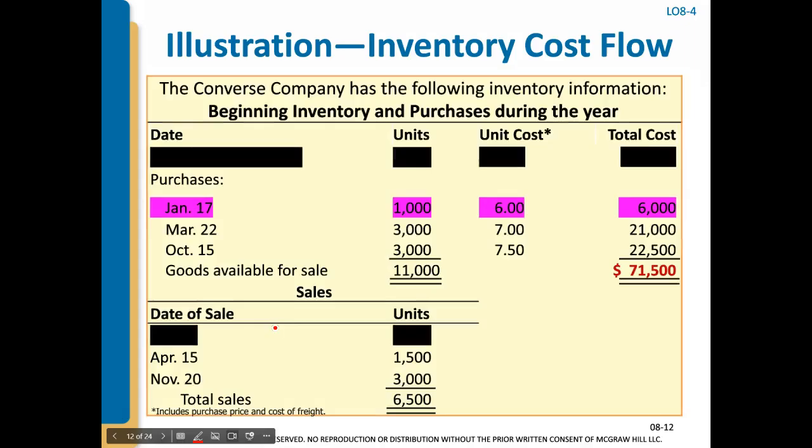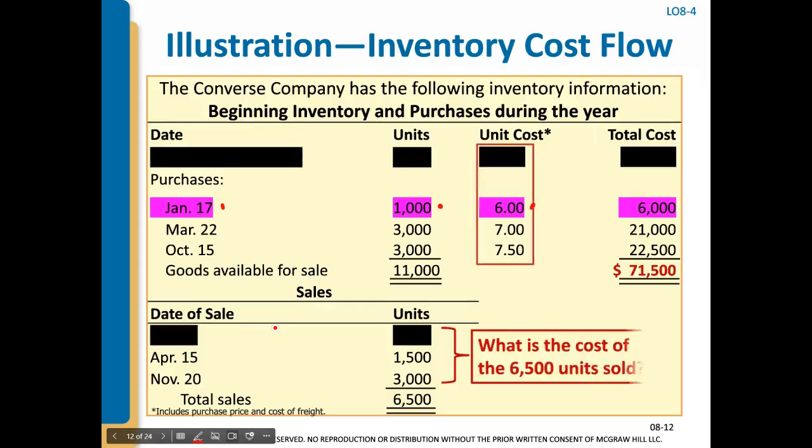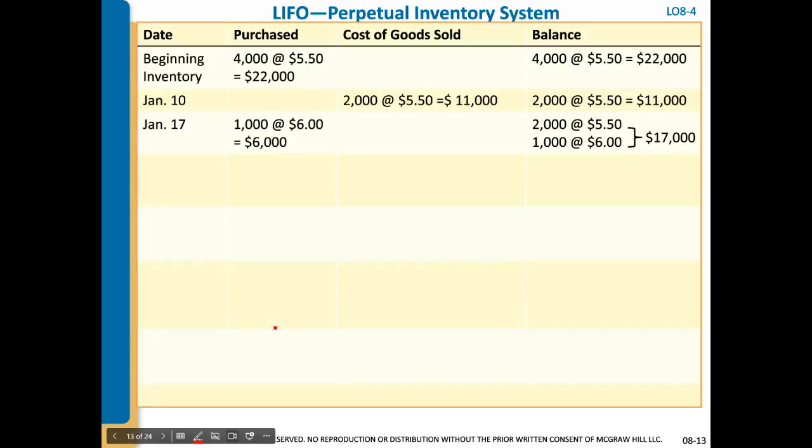Next, on January 17th, we purchased 1,000 units at $6 per unit. So let's include that in our spreadsheet. January 17th, here's our purchases. We purchased 1,000 units at $6 for $6,000. And now let's calculate our ending inventory. Well, this just comes down, right?